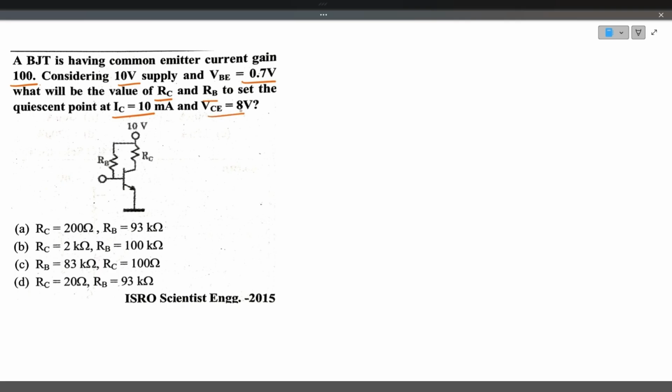So now we'll try to calculate like this. He's asking what RC and the base resistance are, if the Q point IC and VC are equal to 10 milliamps and 8 volts. This is very good information.